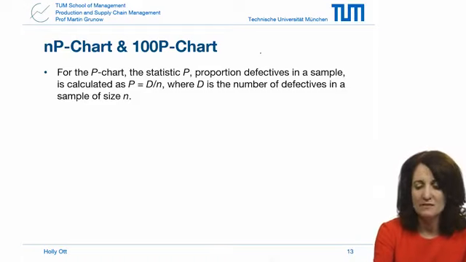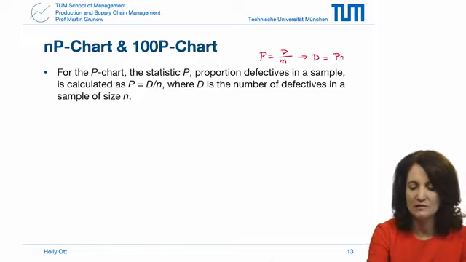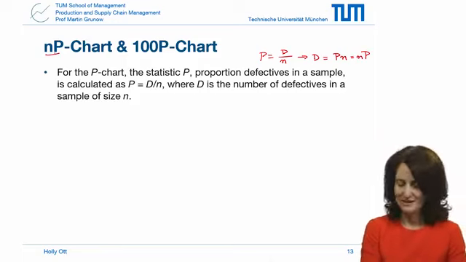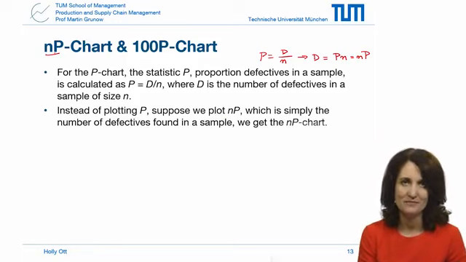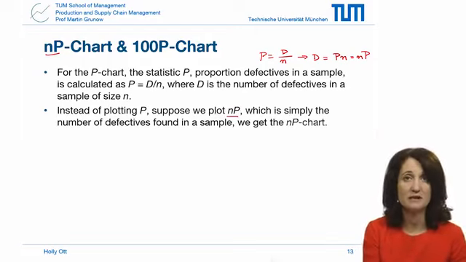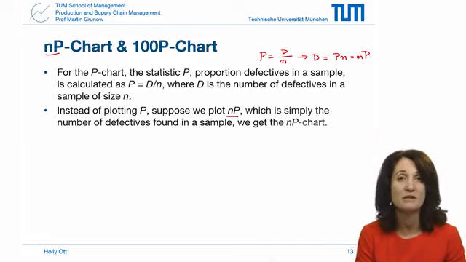This means if p is equal to d over n, then d is equal to n times p, as we have written here. So, instead of plotting p, we could plot NP, which is simply the number of defectives found in a sample, and this is called the NP chart.